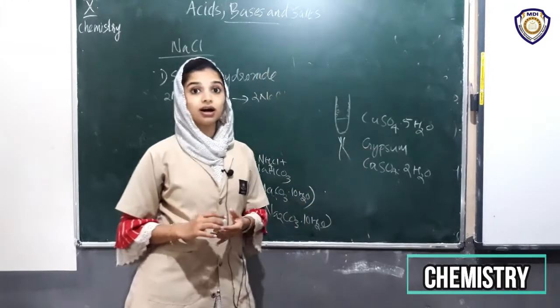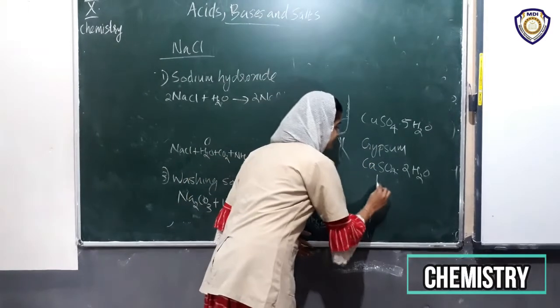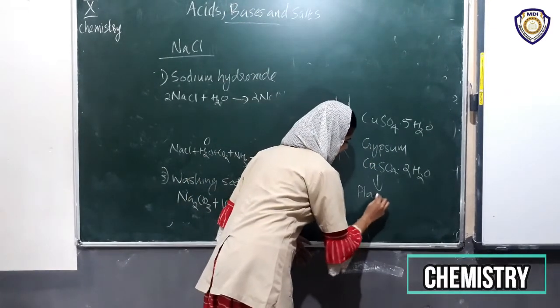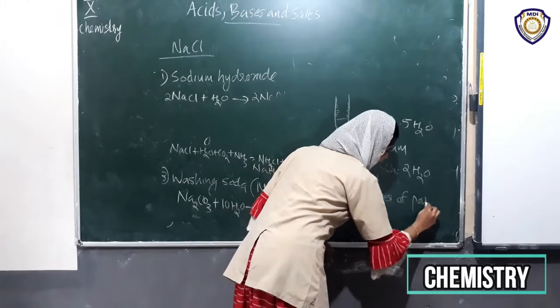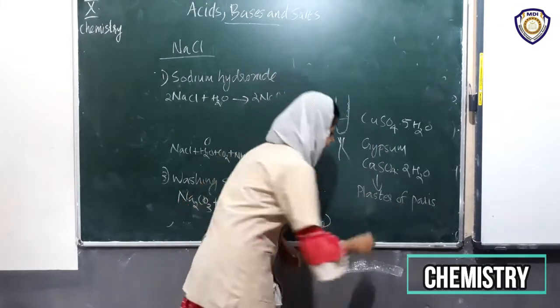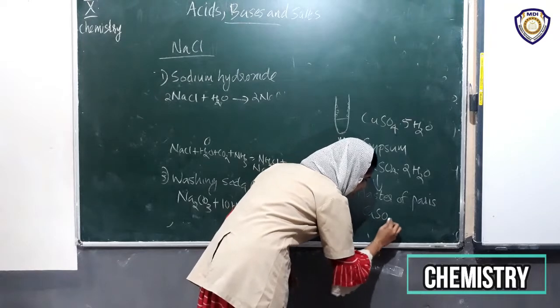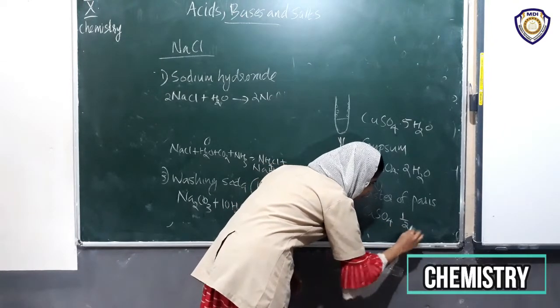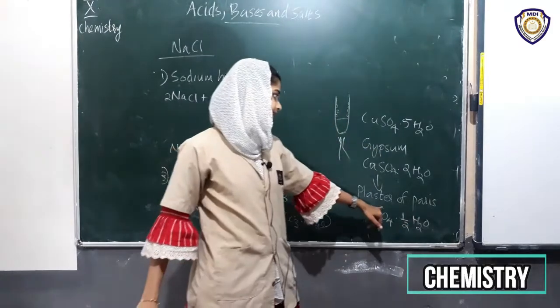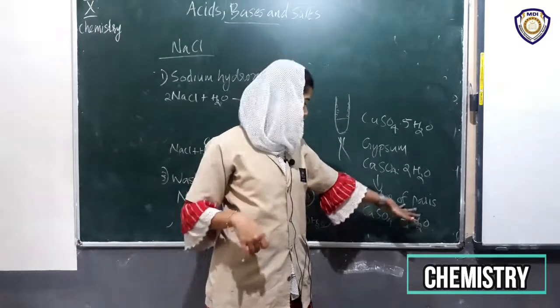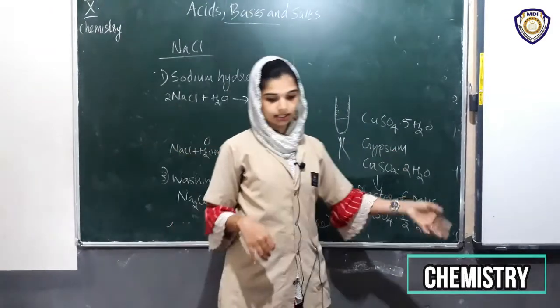On heating gypsum, we get plaster of Paris. You must have heard about plaster of Paris. Its chemical formula is CaSO4·½H2O. On adding water to plaster of Paris, we get gypsum again.